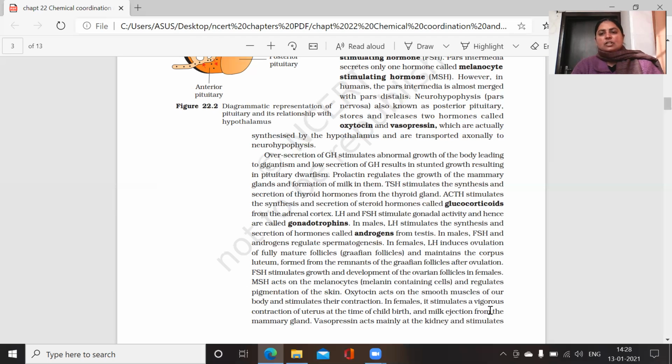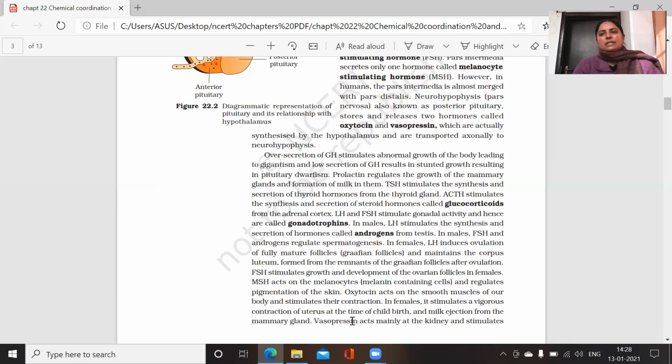In females, it stimulates a vigorous contraction of the uterus at the time of childbirth. Not only is it involved in the contraction of the uterus, it is also a milk ejection hormone, and it helps in the ejection of the milk from the mammary gland.